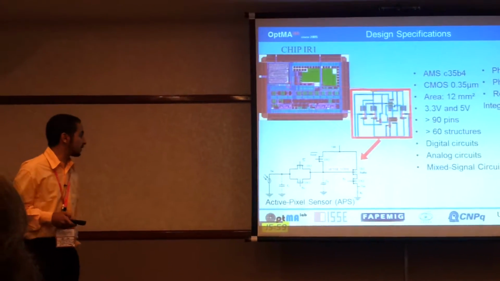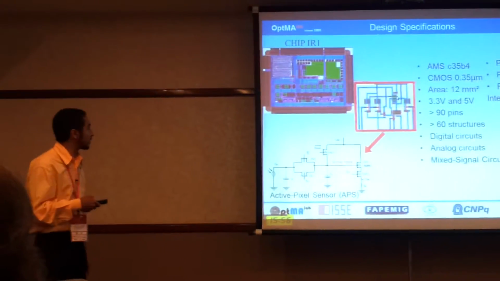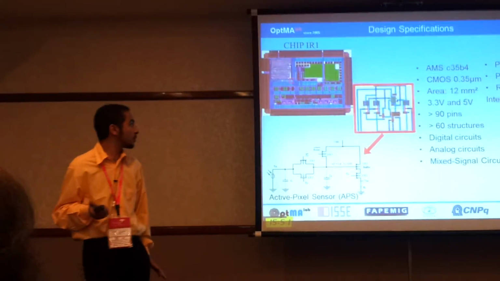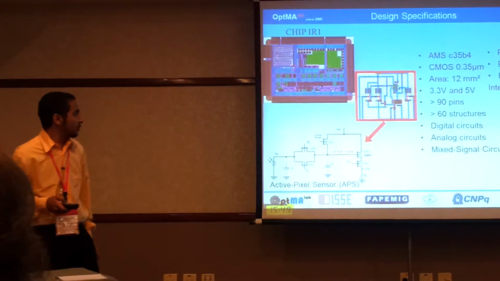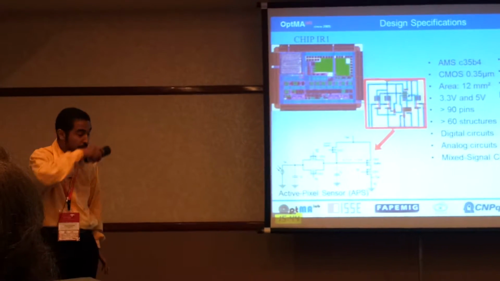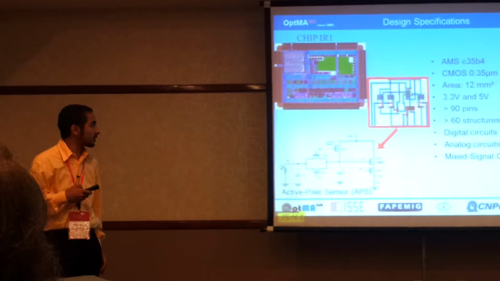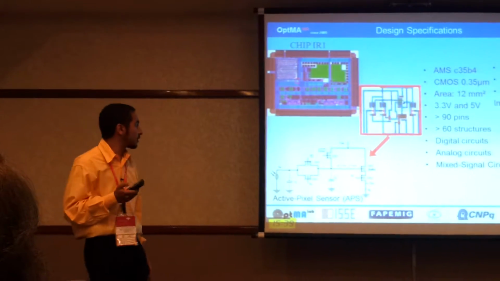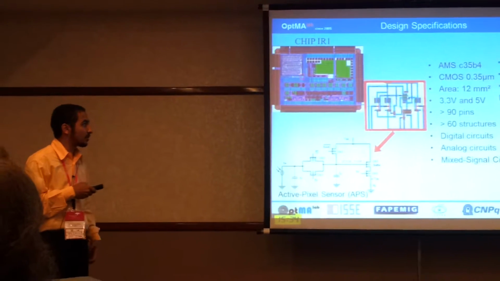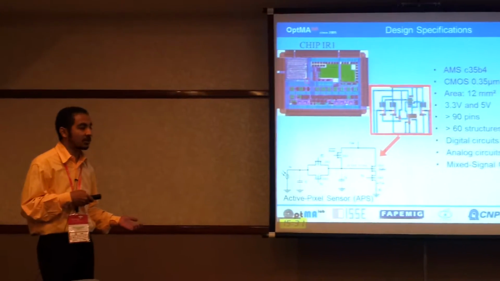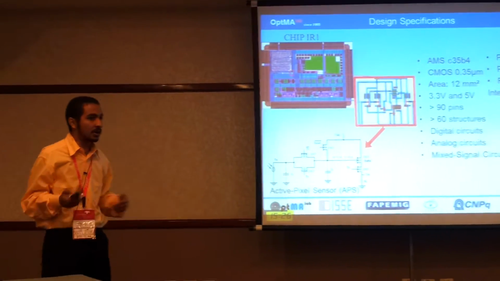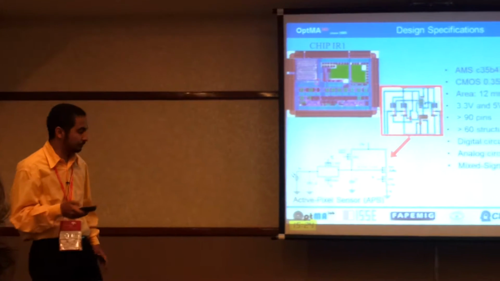Okay, the active pixel sensor used is found on the chip IR1, designed by our research group, the APNA lab, and made in a CMOS technology of 0.35 micrometers with some specifications, like the area and the supply, and with integrated photodiodes, photoresistors, and readout integrated circuits, so that we can choose to use internal or external photodetectors.